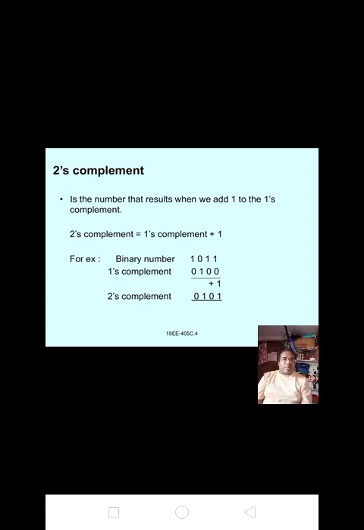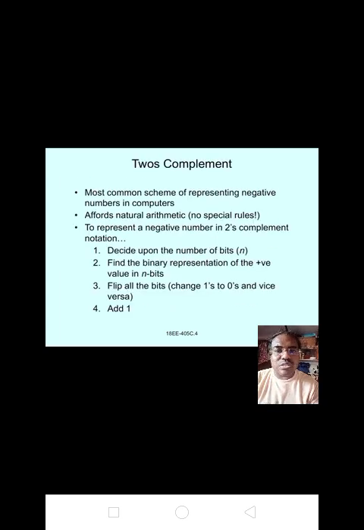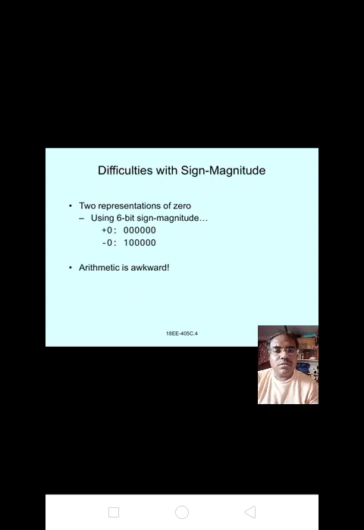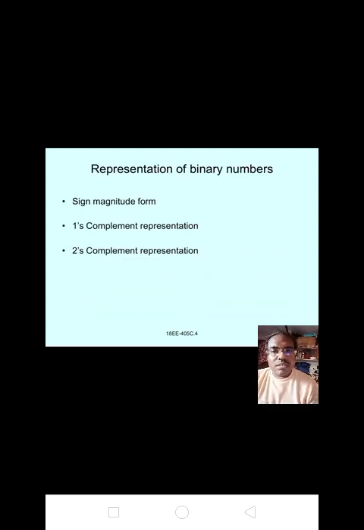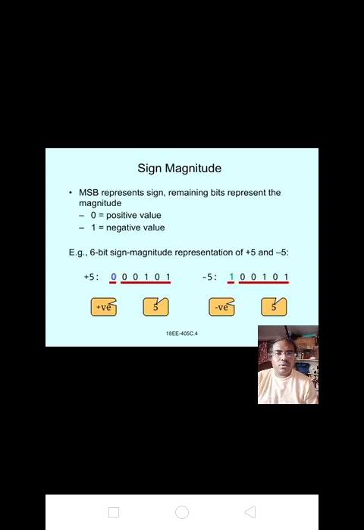This is the 2's complement. Here sign magnitude is also there. Once again I will repeat that. Sign magnitude form: MSB represents the sign, the remaining bits represent the magnitude. That is 0 for positive value, 1 for negative value. 6 bit sign magnitude representation of plus 5 and minus 5.